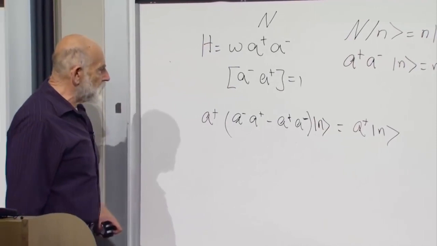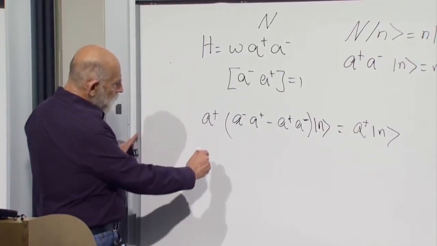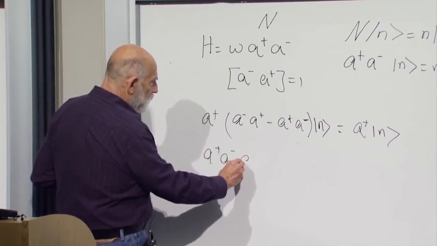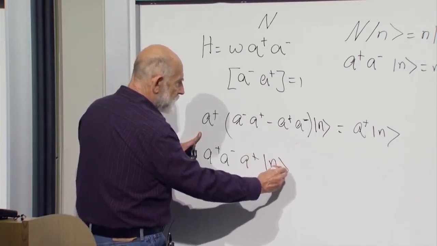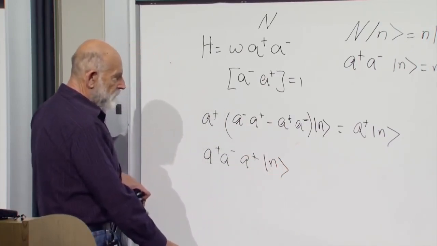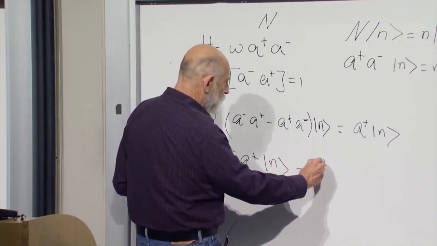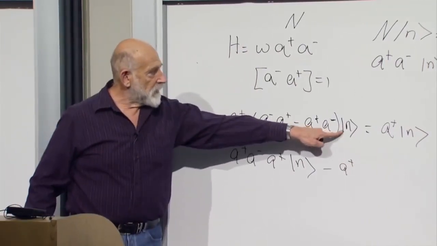Okay, so now we have an equation. Let's see what we get. First of all, we have A plus, A minus, A plus. That's the first term here on n. Now what about the second term? Minus A plus, what's A plus A minus on n?